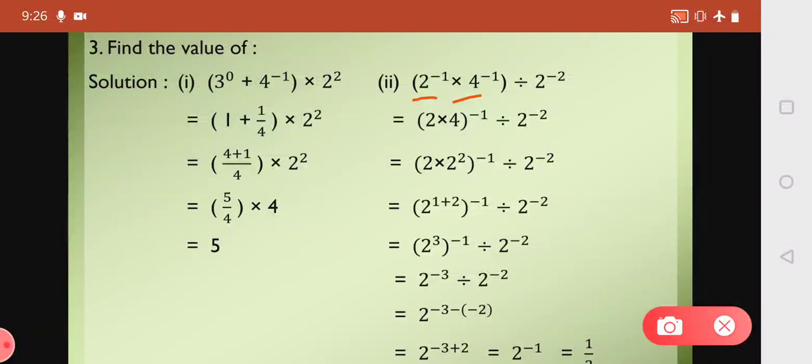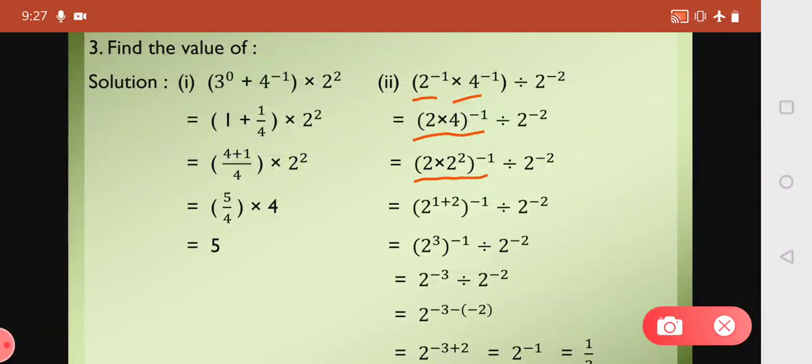We will multiply the bases, that is (2 into 4) whole raised to -1 and divided by 2^-2 as it is. Again solving the bracket we will get (2 into 2 square) whole raised to -1 divided by 2^-2, because 4 is nothing but the square of 2.